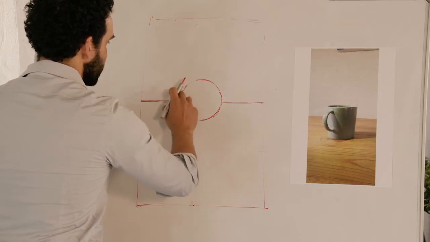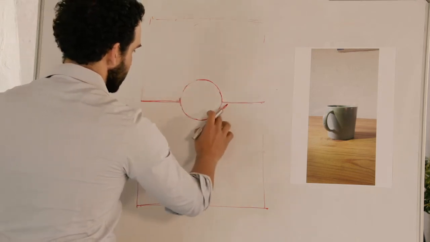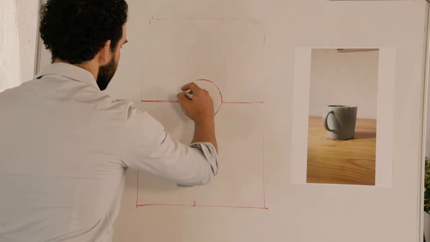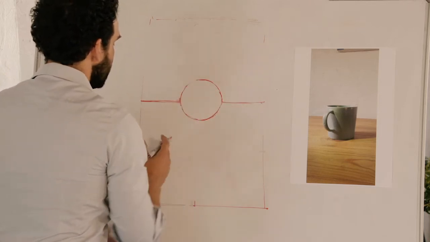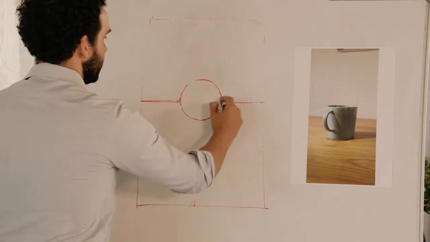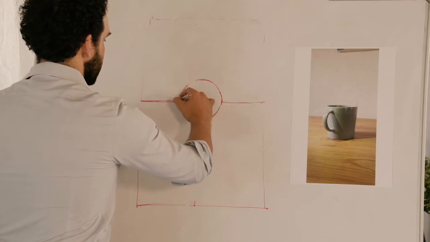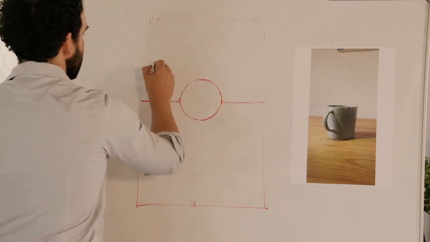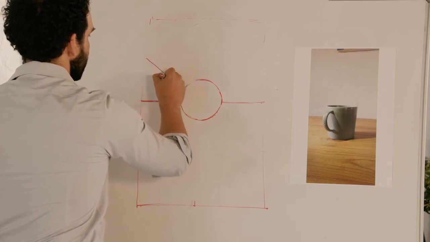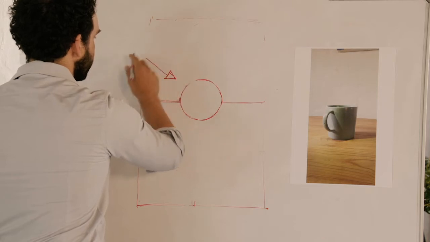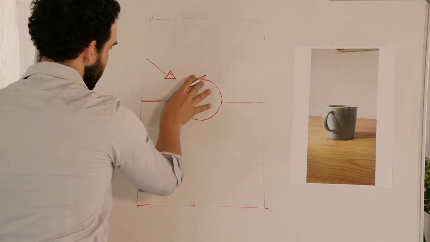Now, how do I start making this thing look three-dimensional? We've done this before very briefly, but we haven't really thought about it. The first thing we need to make it look round is light. Light travels in a certain direction. So let's say the light is coming from this direction. We've got a strong light coming from this side, and it's hitting the object.